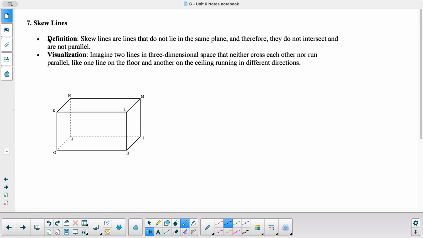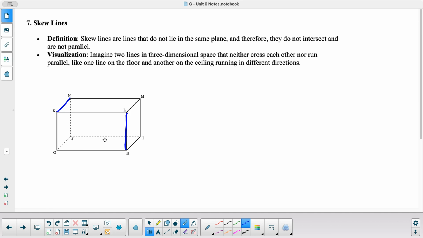All right, skew lines are a little tricky to understand, but I think it's easier when you have a 3D image. Skew lines are lines that do not lie in the same plane and therefore do not intersect and are not parallel. So it would be something like this here. If you look here, like line NK and maybe line LH.